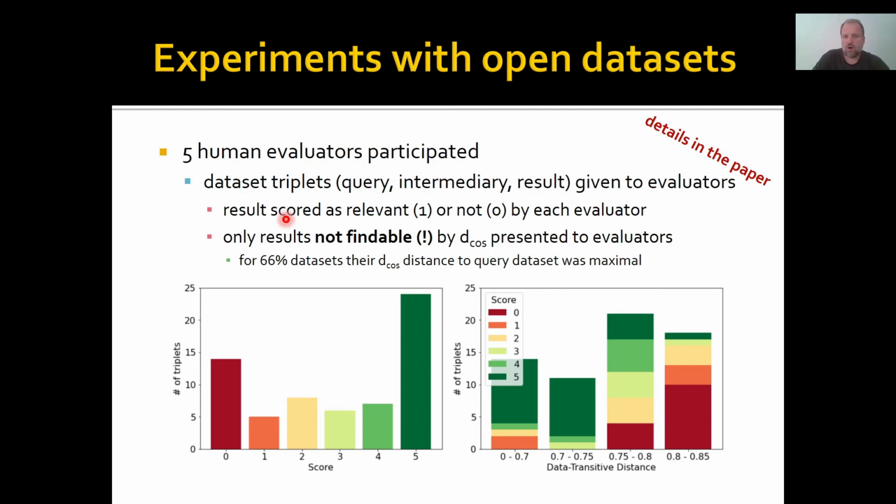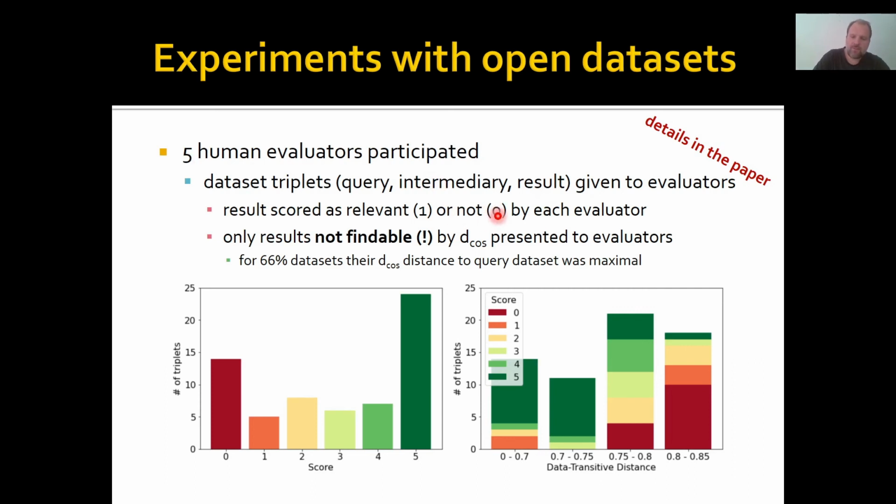So every dataset got a score by every evaluator. So every triplet we have here could get 0 to 5 points, because we have 5 human evaluators.